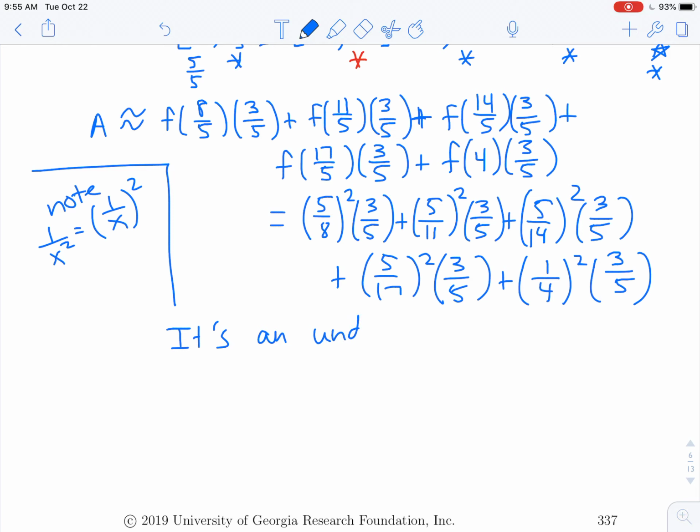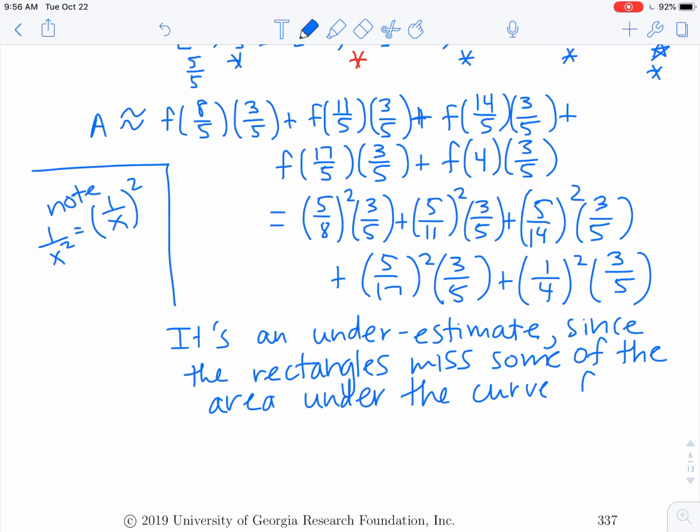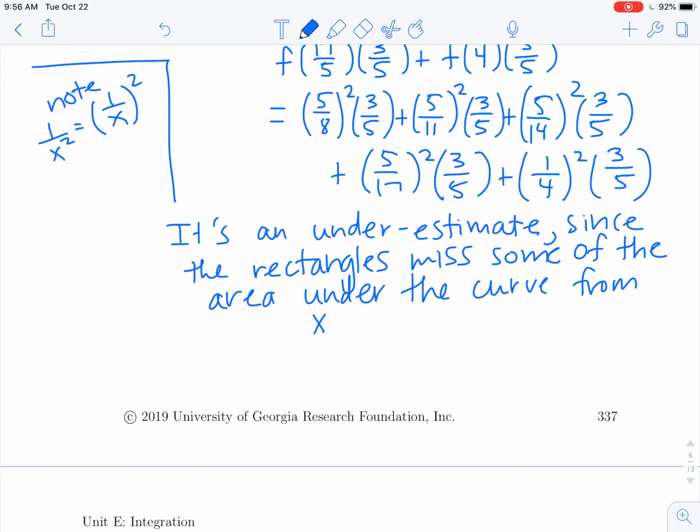It's an underestimate since the rectangles miss some of the area under the curve from x equals 1 to x equals 4.